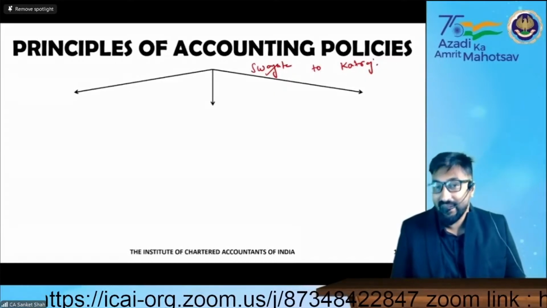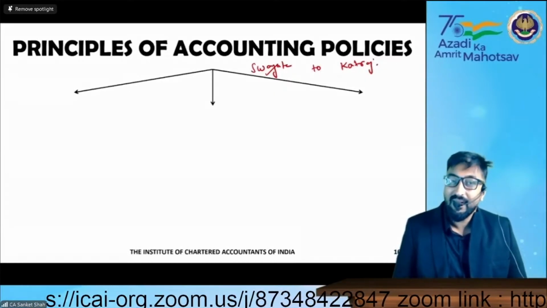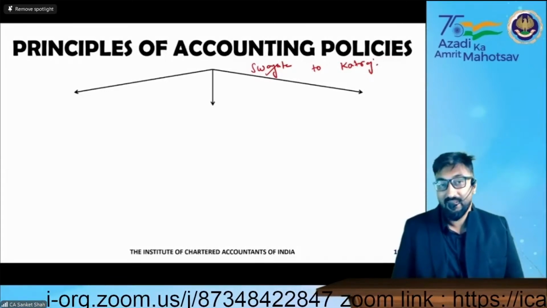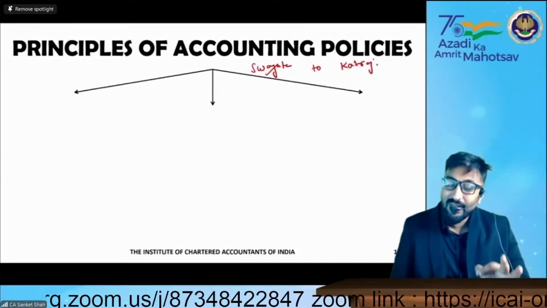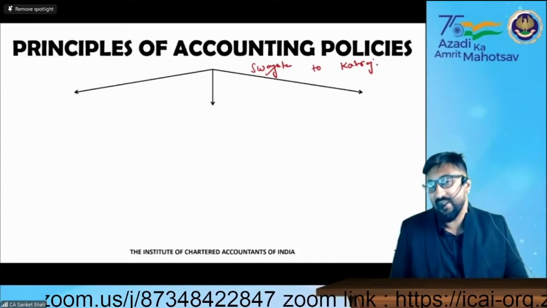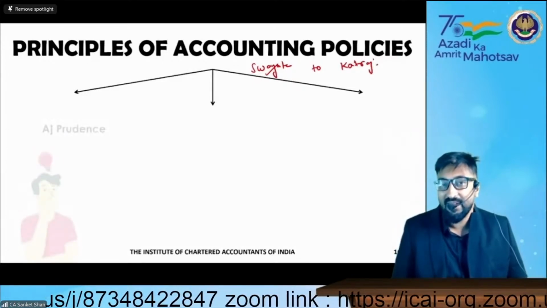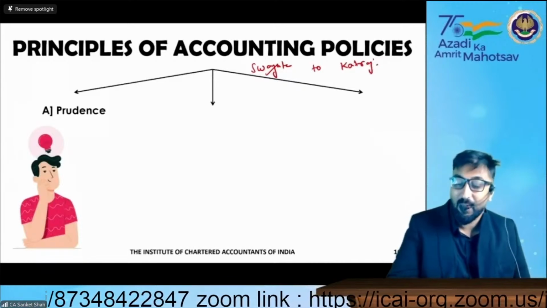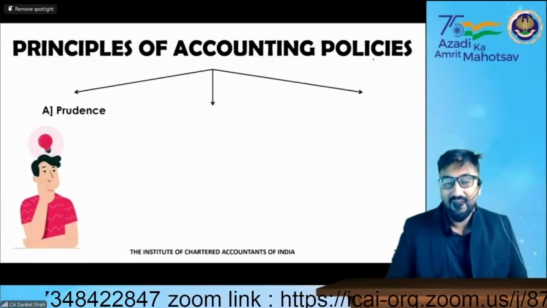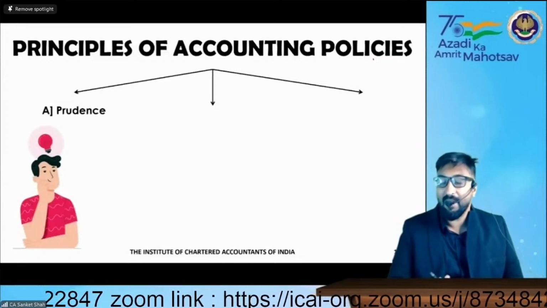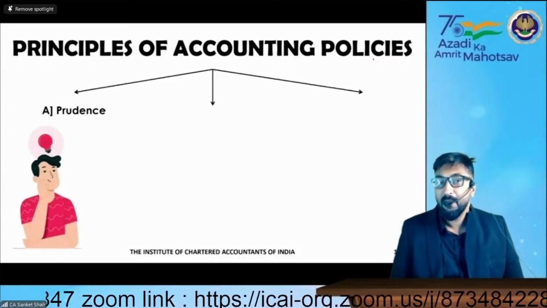How to select someone. Similarly, in accounting policies also there is confusion. Whenever you are selecting any accounting policy, you can correlate it with the Swargate to Katraj routes or a marriage proposal. It should be prudence. Very funny example, but recall it. Prudence concept.